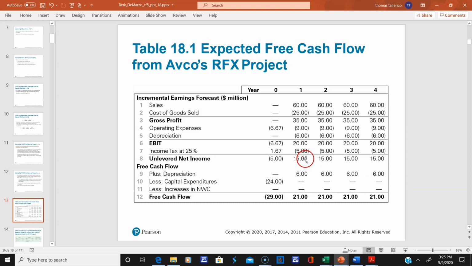Here's your net income, but they include the depreciation back on. So here's your unlevered net income, which is negative, and this is negative. So you have a negative cash flow in the beginning. And then you add the 15 million and the 6 million, and you get 21 million for your free cash flows. So this is how we determine our free cash flows from their project.